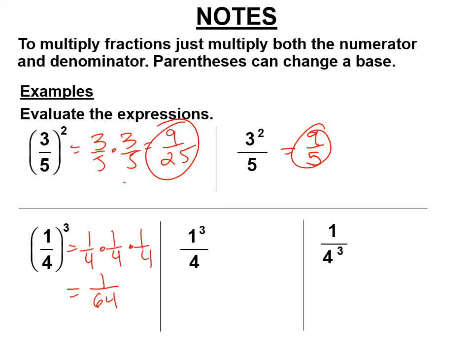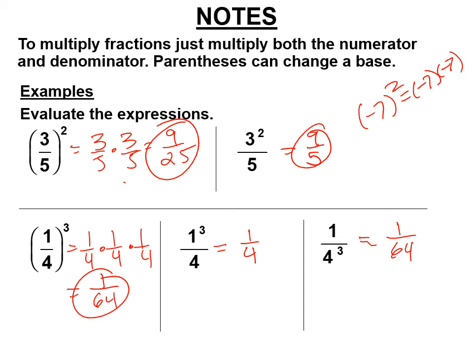All right, now let's look at these. 1 cubed is 1 times 1 times 1, 1/4. This is 1/4, not 1/64. This one down here happens to be 1/64 because 4 cubed is 4 times 4 times 4, 64. All right, but when we're doing fraction exponents, just like when we had negative bases, you have to have parentheses around it.